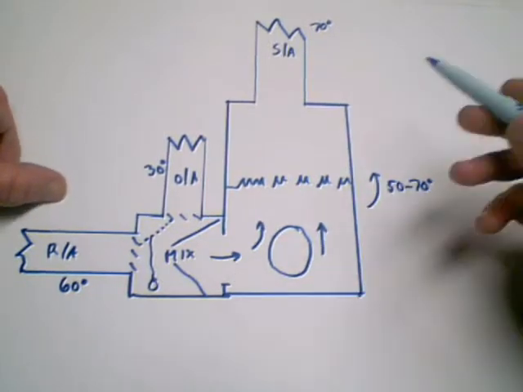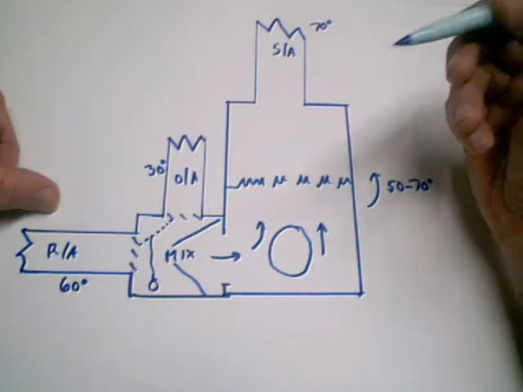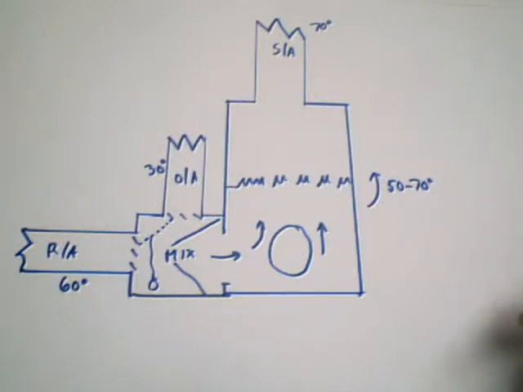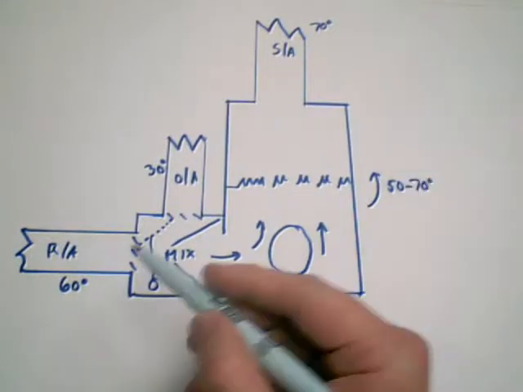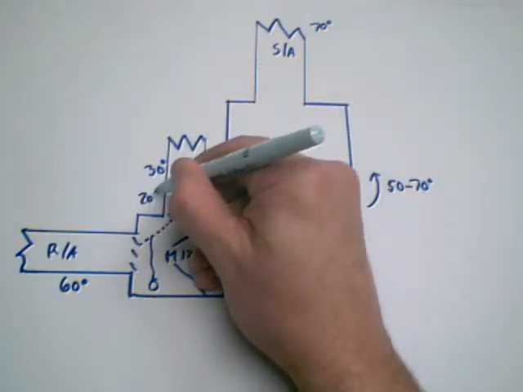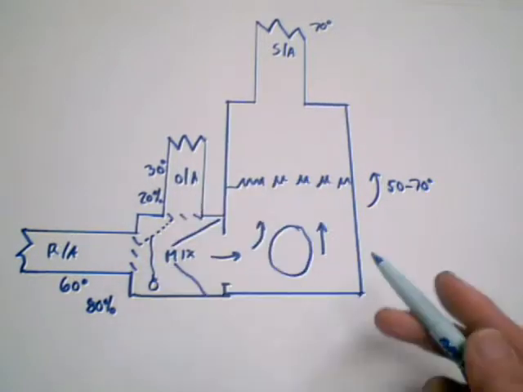Typically in heating season, we wouldn't want more than we have to have for outside air. It would be the other way around, of course, in the summertime. So what we would typically have here is a small percentage of outside air. Let's say we want 20% outside air, and we want 80% return air. You have to always add up to 100%.